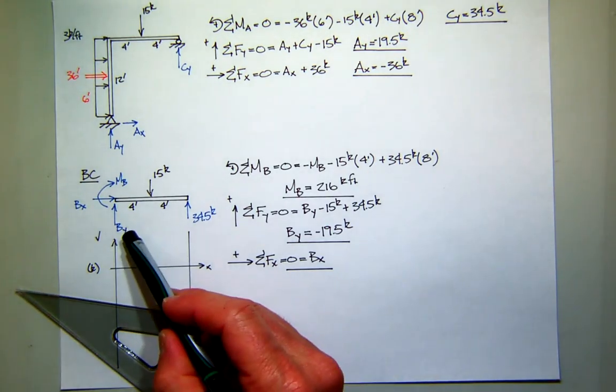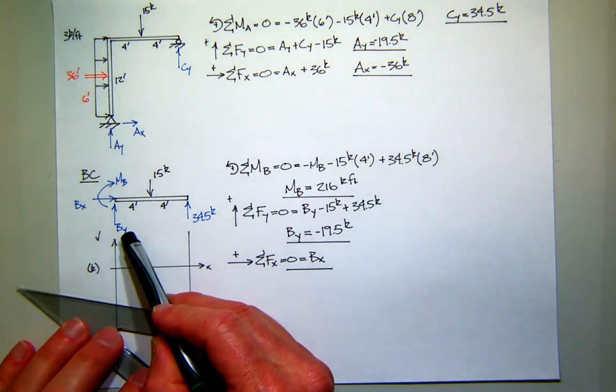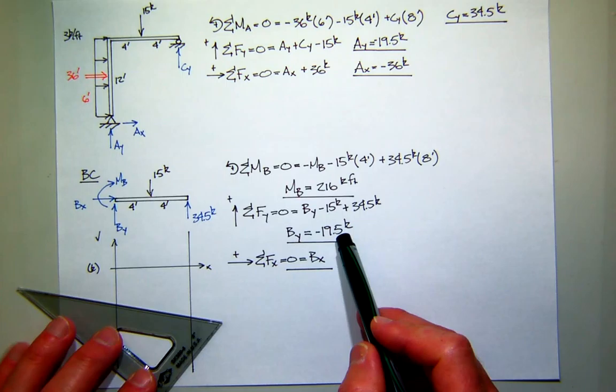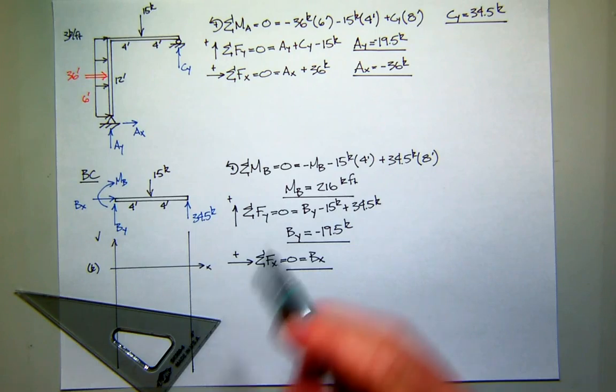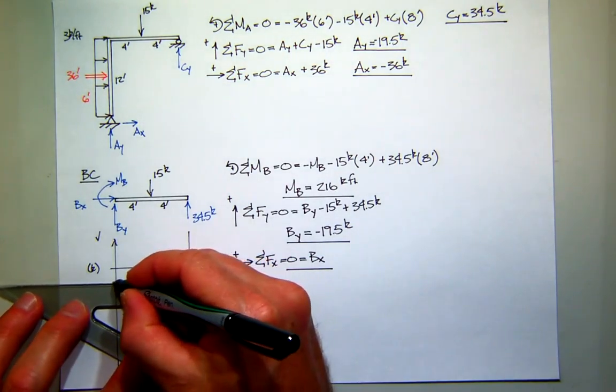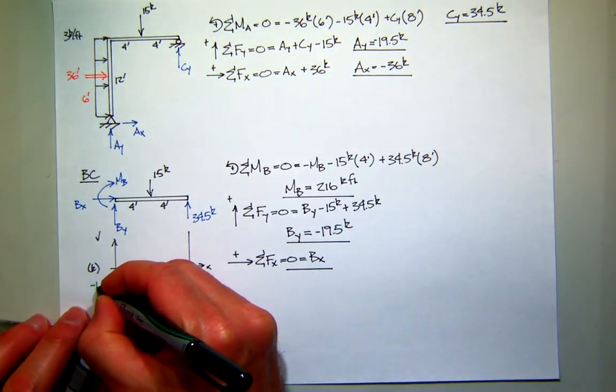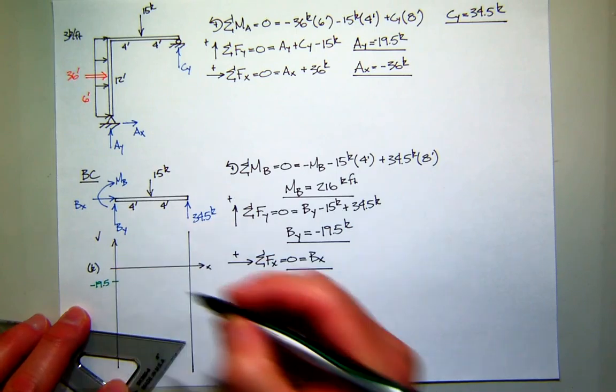It starts off as By. Is that positive or negative shear? We saw for By as negative 19.5, so it's actually down. So what kind of shear is that? That's negative shear. So we're going to start off at negative 19.5.